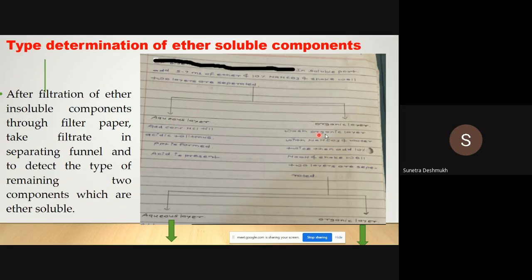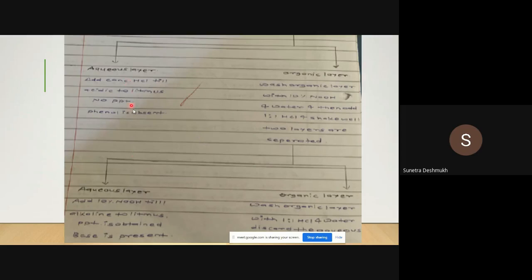If some acid is present in this organic layer, and you add NaOH, this acid will also form sodium salt again. It will come into the aqueous layer, and if you treat it with HCl, it can give precipitation here also.